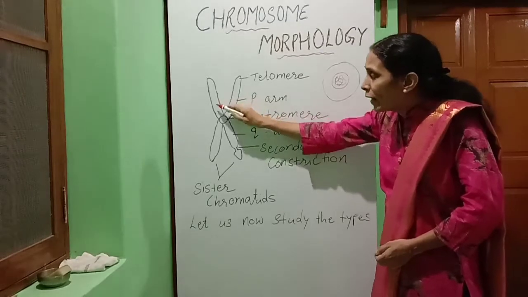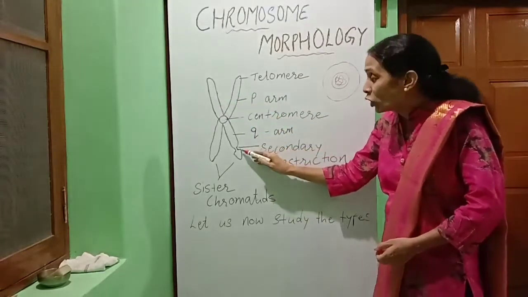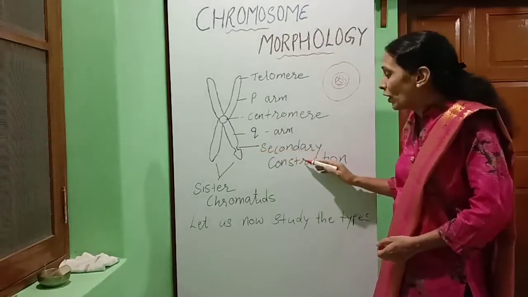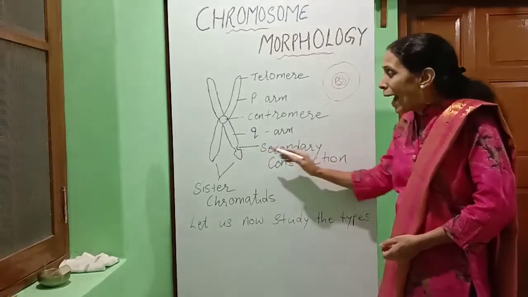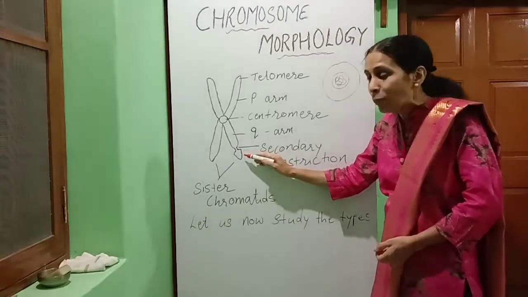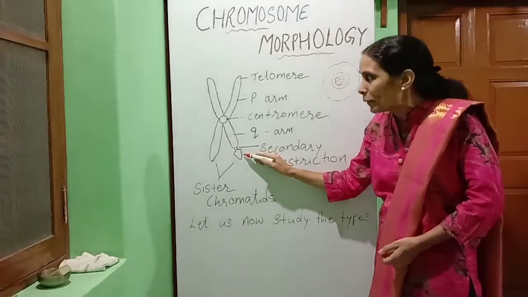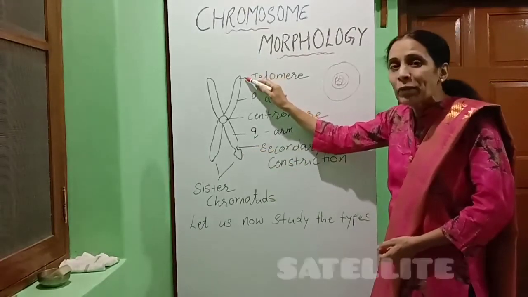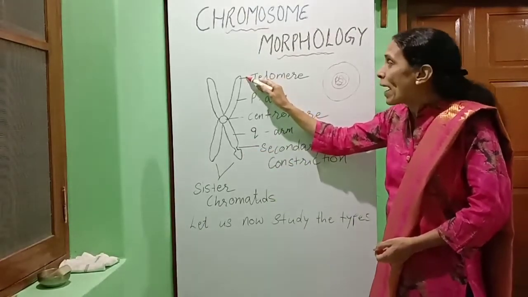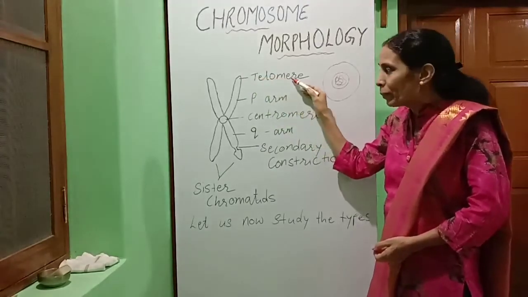While the chromatids at some point may show a secondary constriction, and the part below it looks like a bulb here. This is called the satellite. The end point of the chromatids are called the telomere.